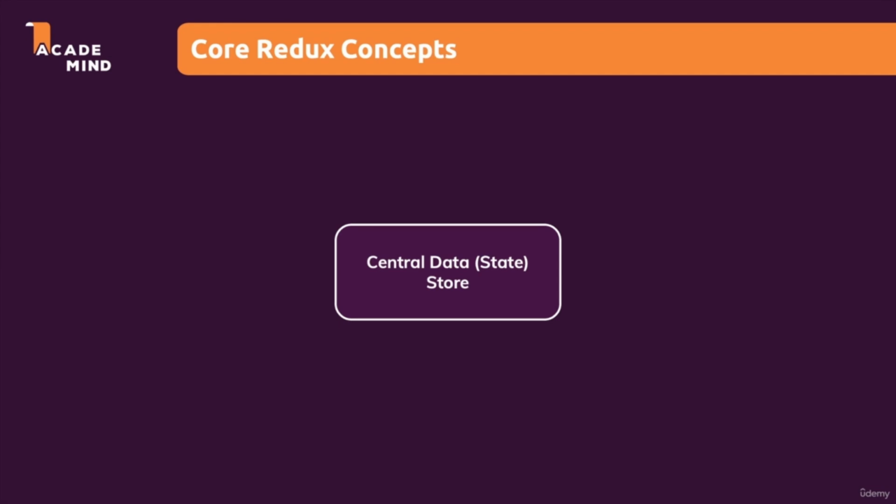So we have this central data store. What do we do with it? Ultimately, we have data in that store so that we can use it from inside our components. Because if some data there changes, if the authentication status of a user changes, for example, we want to know about that in a component so that we can react accordingly and update the UI.